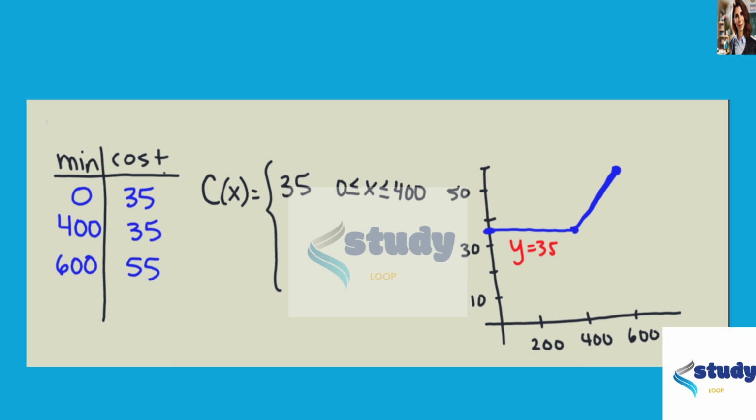All right, now let's find the equation of the other piece. So we have the point here, which was (400, 35), and we have the point here, which was (600, 55), and we could use those 2 points to find the equation of the line. (400, 35) is 1 point, (600, 55) is 1 point.